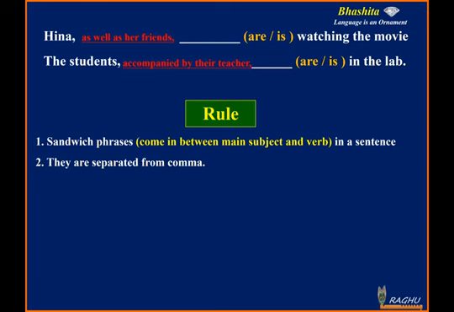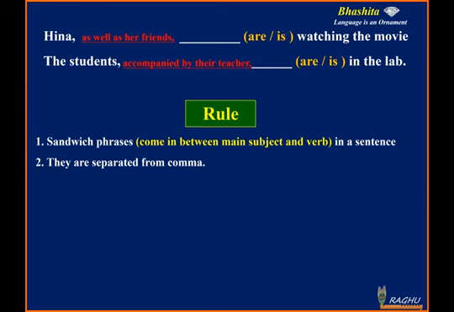In the first sentence, what is the main subject? Hina is the main subject, and the given options are verbs. So as well as her friends is a sandwich phrase that comes in between the main subject and the verb. Similarly, in the second sentence, accompanied by their teacher is a sandwich phrase separated with commas, and it comes in between the main subject, the students, and the given options, which are the verbs.